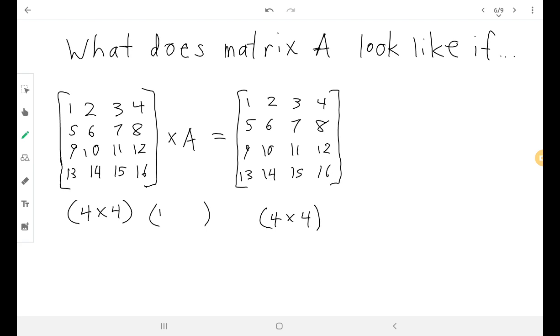Well, the inners have to match, because if they don't, I can't do the multiplication at all. And the outer ones have to tell me the new dimensions, so it has to be 4 and 4. So matrix A is a 4 by 4 matrix. So that's the first thing I know.